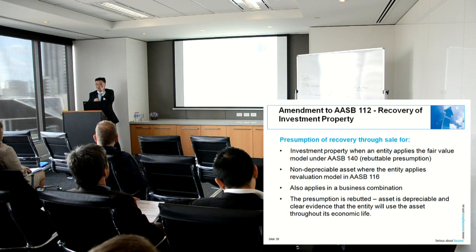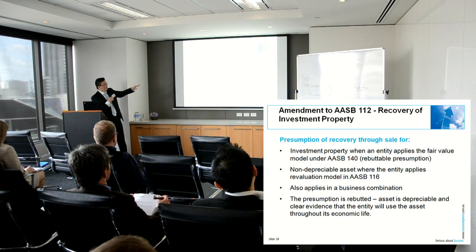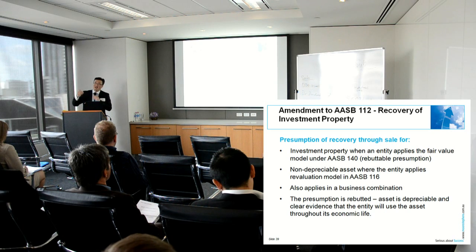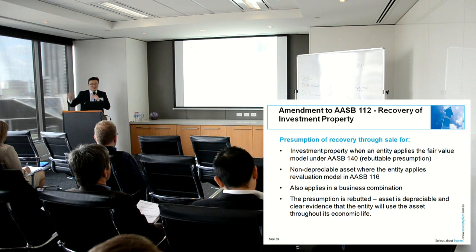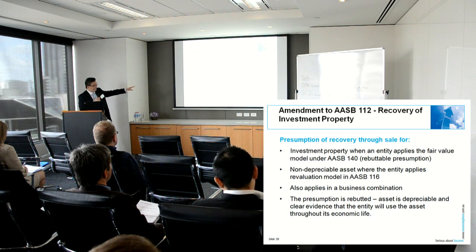So you always use the CGT cost base as the tax base. Also, if you have a non-depreciable asset where you apply the revaluation model under AASB 116, so you revalue the asset at fairly regular intervals, there is the presumption that you recover it through sale as well.